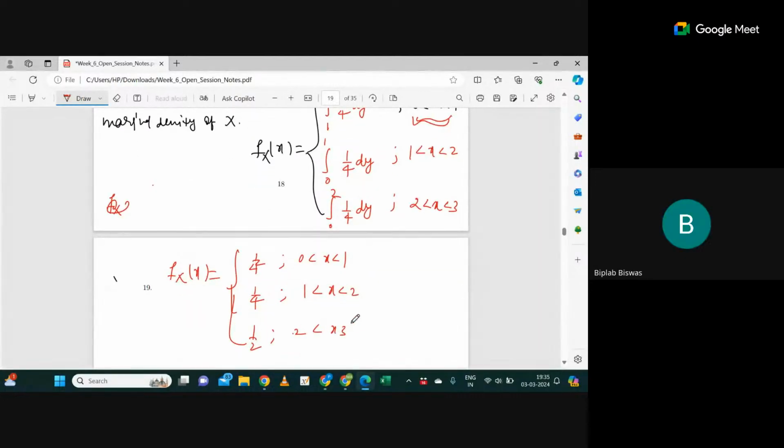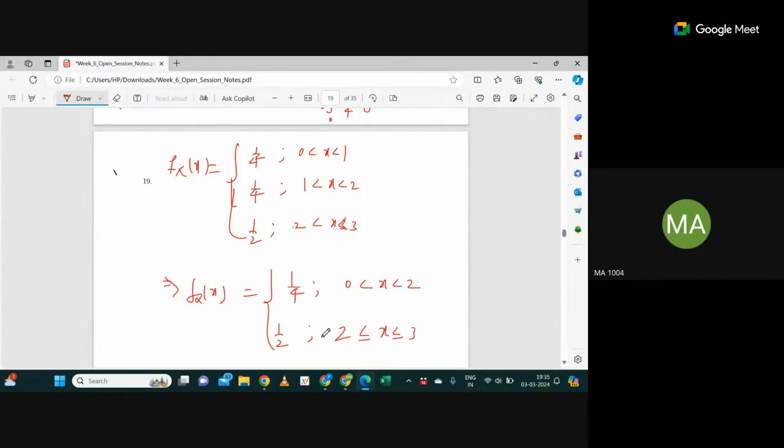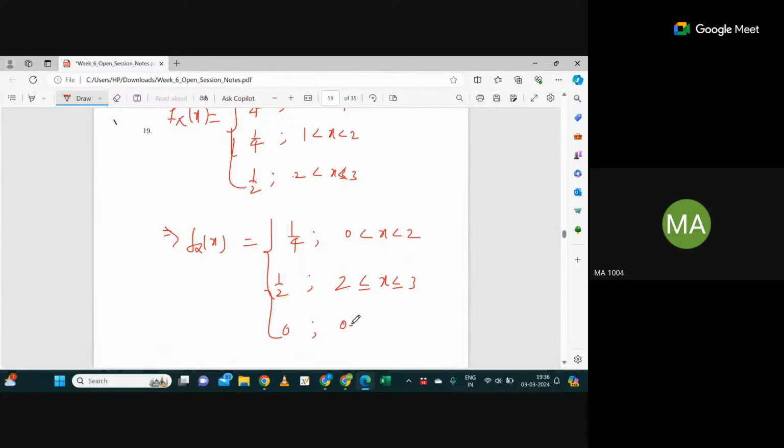This means f_X(x) is 1 by 4 from 0 to 2, then half from 2 to 3, and it takes the value 0 otherwise. Yes or no? Is this clear? Some idea, okay?